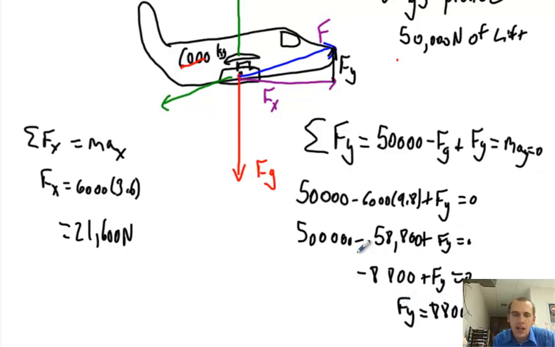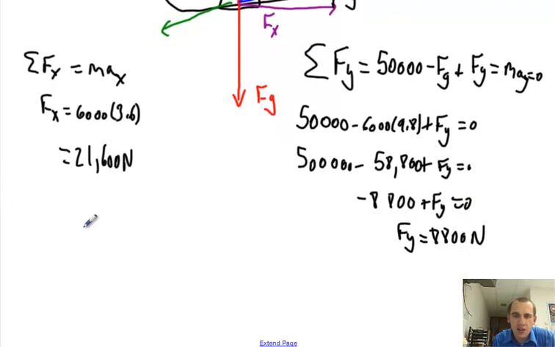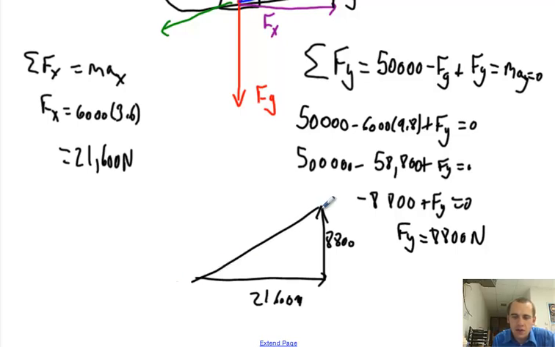Now, neither one of those is my answer, right? I've got to put those together to get my answer. So I have my x direction, 21,600 newtons, and I've got 8,800 newtons in y.